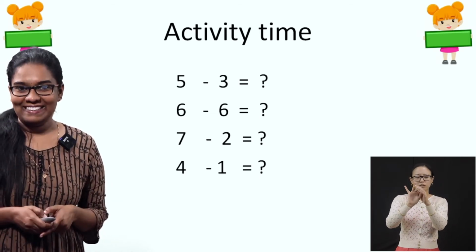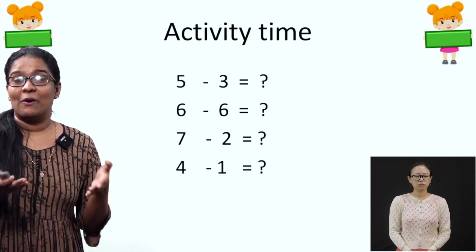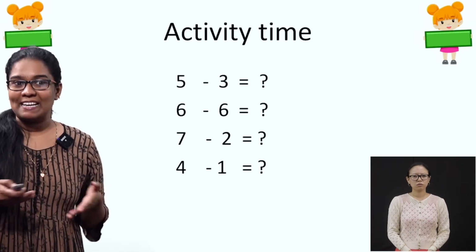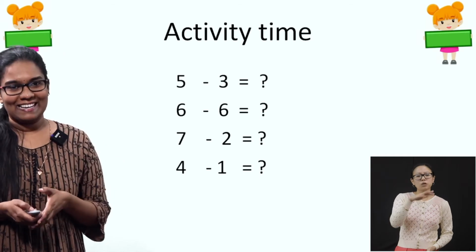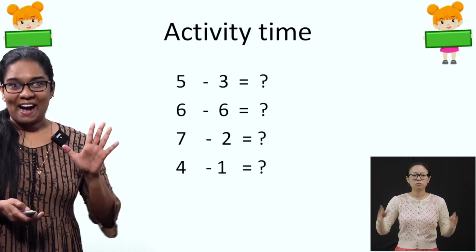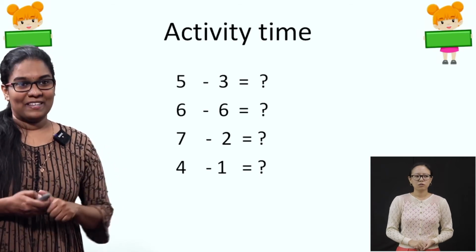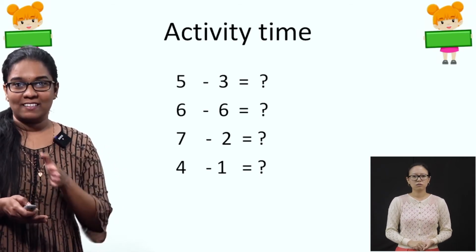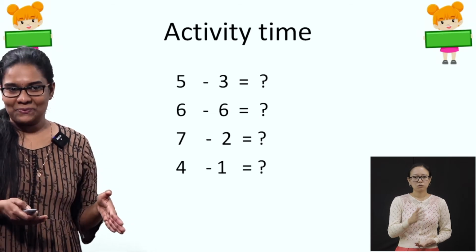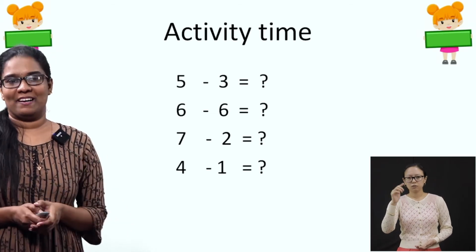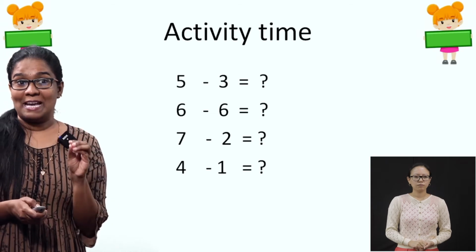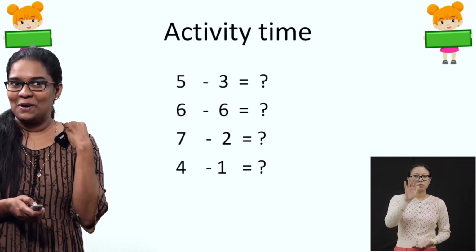For that, first, which one is the greater number? Is it 5 or 3? Yes, 5 is the greater number, right? So you keep the greater number in your mind.